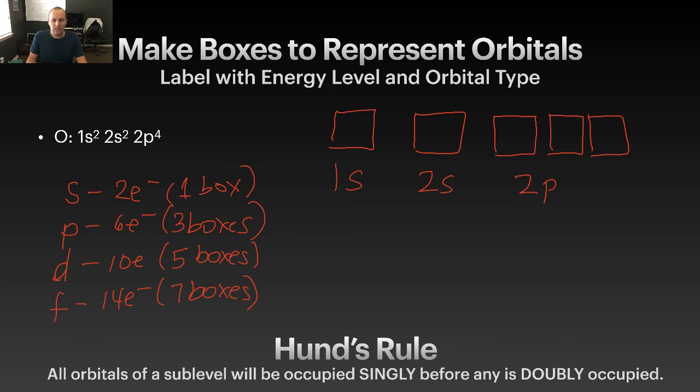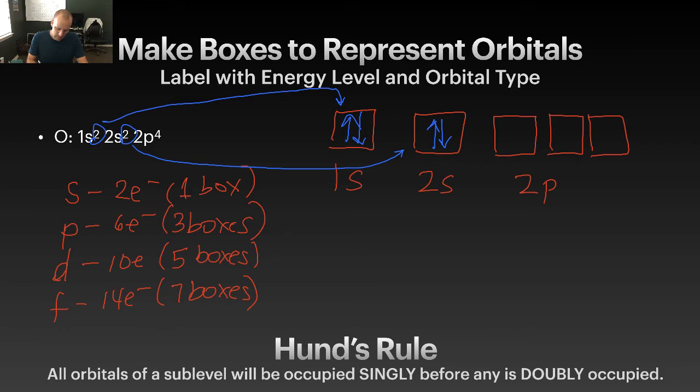In the 1s orbital, we have 2 electrons. One spins one way, the other one spins the other way. So we draw 2 arrows, one up, one down, to represent the different electrons. In 2s, we also have 2. Look, here's 2 electrons going there. One up, one down. And now here's where, at the end, you have to kind of be careful.